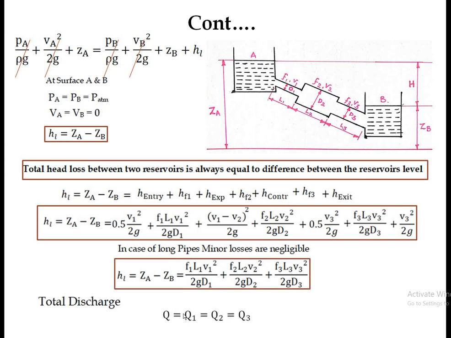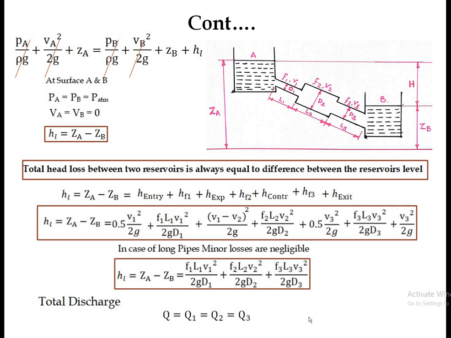Again, the discharge when the pipes are in series. We have already seen that according to the continuity equation, A1V1 equals A2V2 equals A3V3, where A1 and V1 are the area and velocity in pipe number 1, A2 is the area of pipe number 2, V2 is the velocity of the flowing fluid in pipe 2, and similarly for A3.